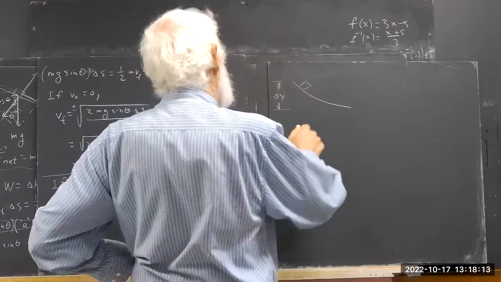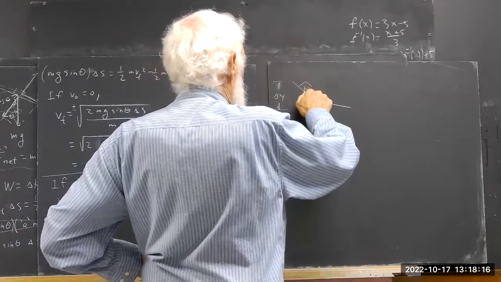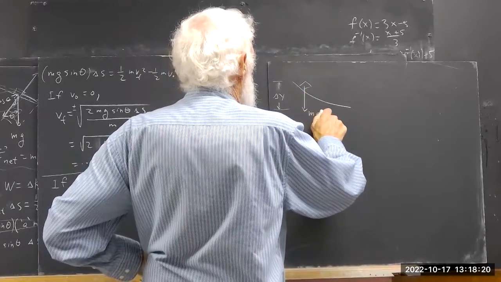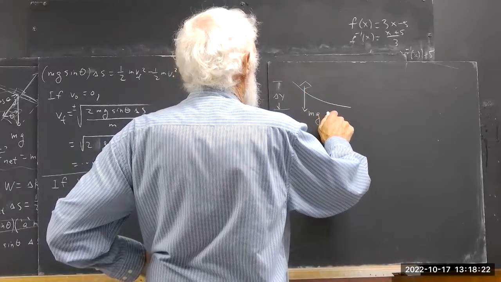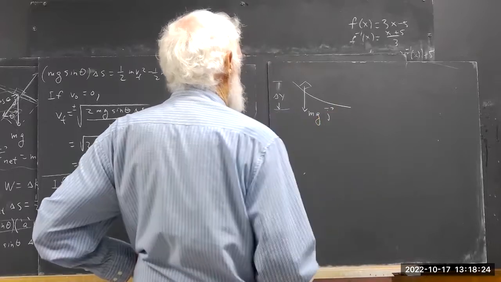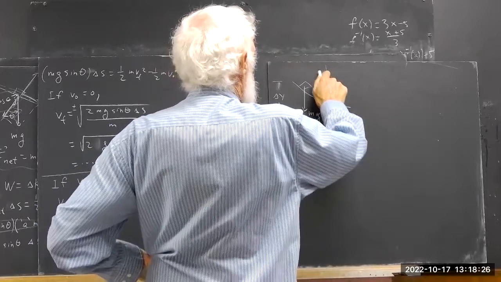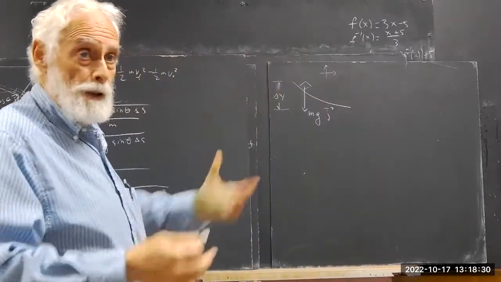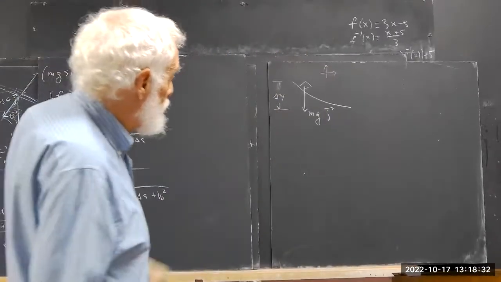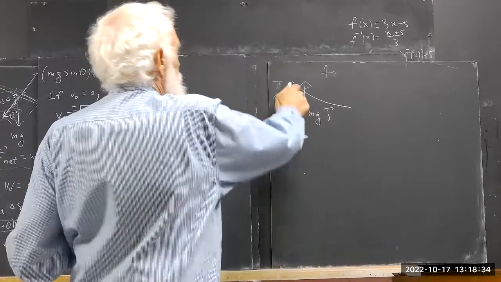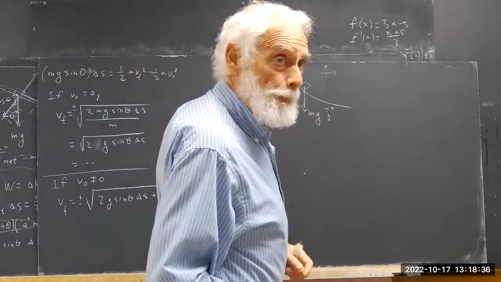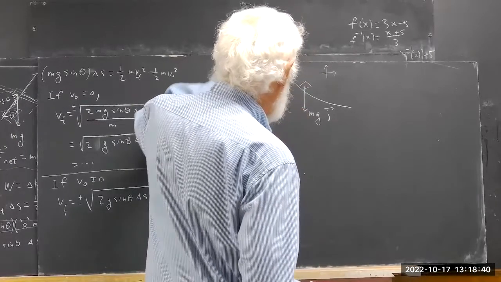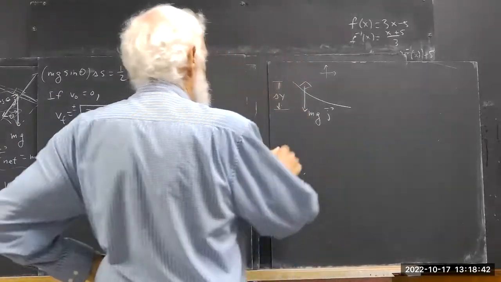And you can say that, okay, I've got my vector MGJ, horizontal and vertical coordinate axes to indicate that now we're dealing here because your displacement compared to here is delta Y. And now how much work does this force do as you displace delta Y?